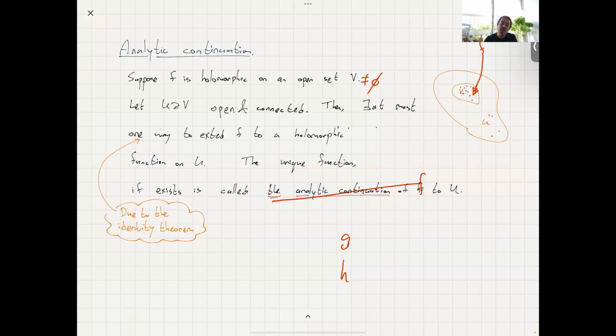It's just that you didn't know a priori how the function behaves outside of V. But it's the same function because F restricted to V, the F that you started with, actually uniquely determines the global F on U. So analytic continuation is the right terminology, but what you should have in mind is that it was F all along, and you just understood F at some particular small open set rather than everywhere.